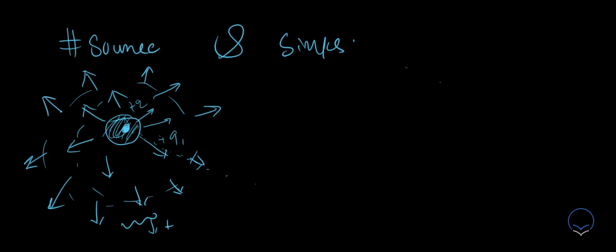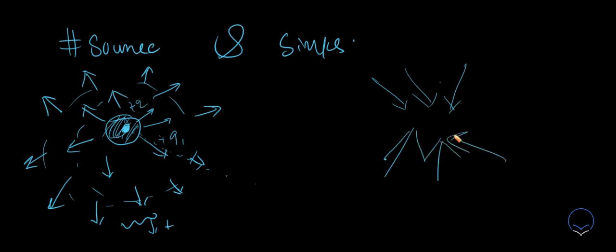And let's say you have some field like this. Let's say there is a field that points towards some point over here, and this is something we call a sink. So it's like everything is converging towards that point.